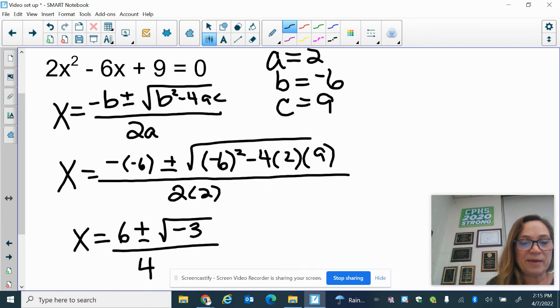Okay, we haven't talked about that. That's actually going to be an imaginary number, so I am definitely not going to touch that. So that actually means that not only is this not factorable, but it doesn't have any real number answers. So I'm just going to leave that the way it is, not going to touch it.